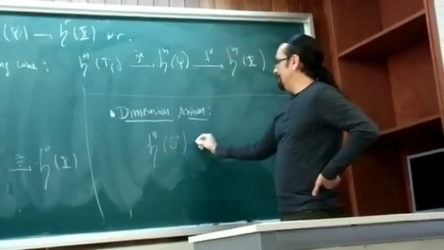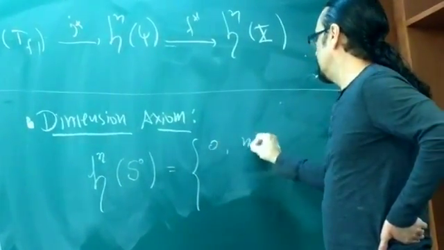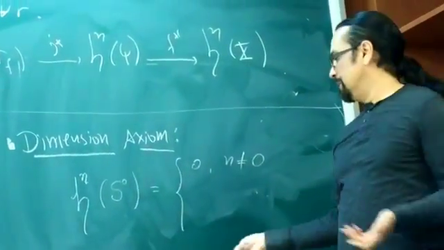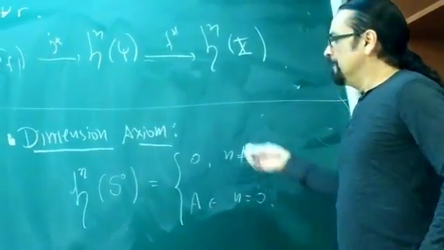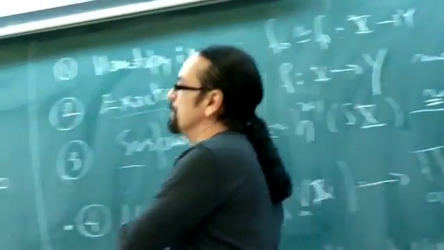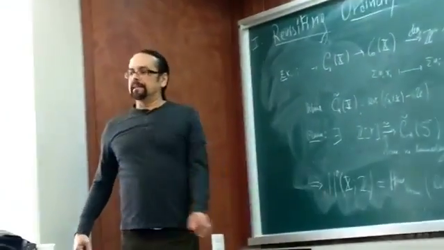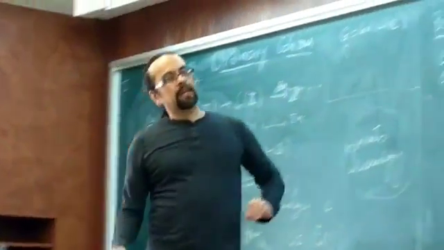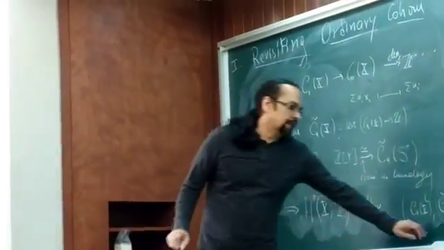So Hn of S0 is going to be 0 if n is different from 0, and at n equal to 0 it is going to be some abelian group. If you do that in the category of CW complexes, there's only one theory that satisfies that. It's a uniqueness statement: the dimension axiom uniquely characterizes the theory.